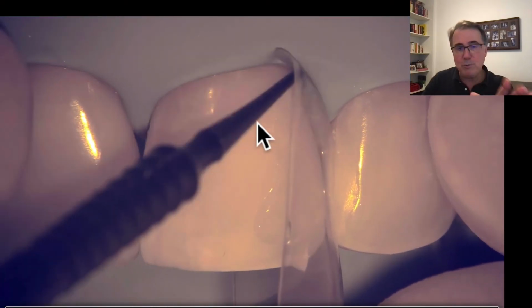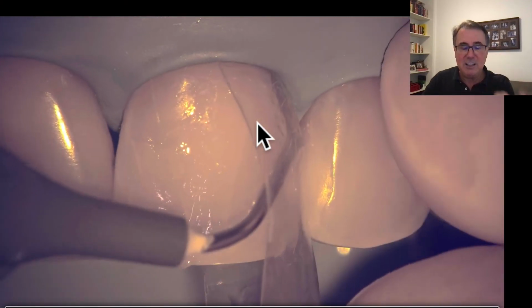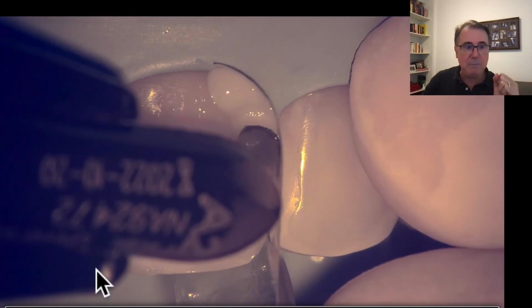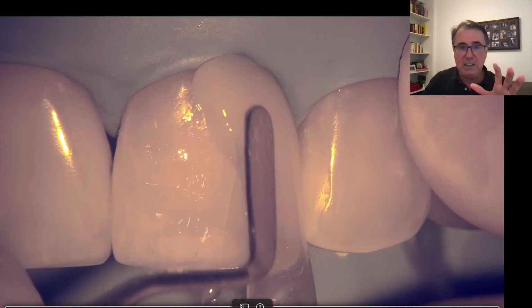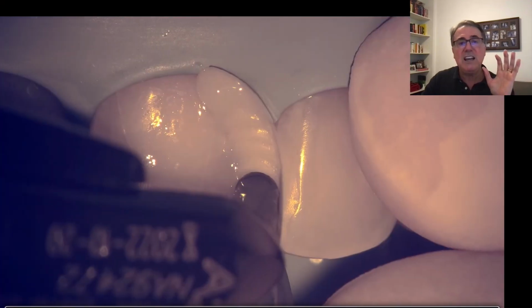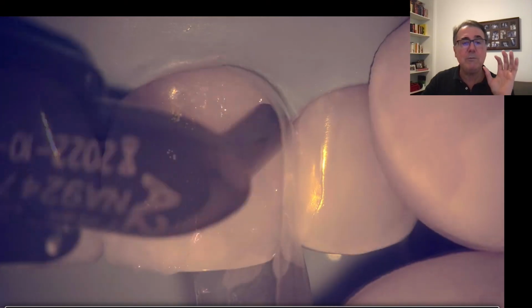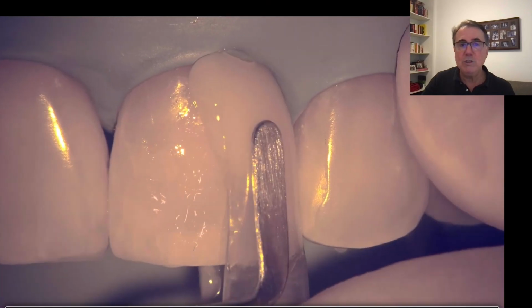So I'm doing all the procedures: the injection molding, I did the acid conditioning, then I put my adhesive, blew it with air and thinned it with air, removed all the solvents, and then I injected the warm flowable composite, and then warm restorative composite, again the universal A2.